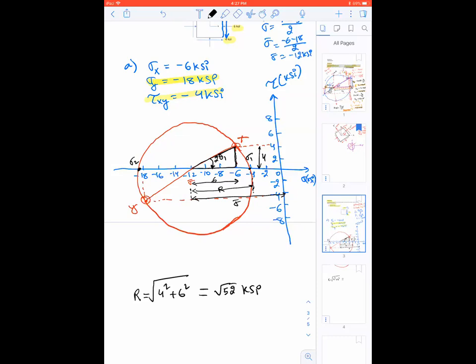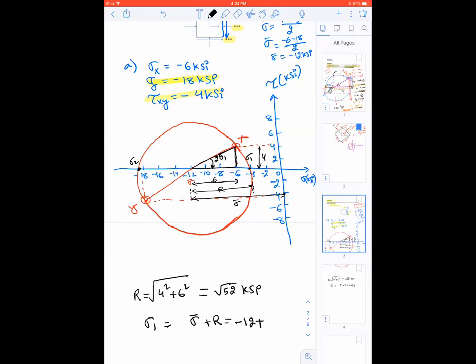That is my radius. So if I want to know my sigma 1, it is going to be sigma bar plus r. So sigma bar is negative 12, that's the center, all the way from the origin to the center of the circle, plus the radius.